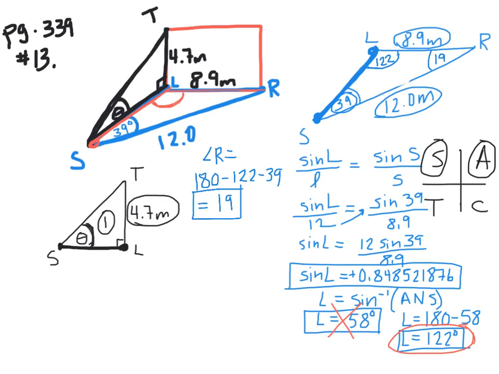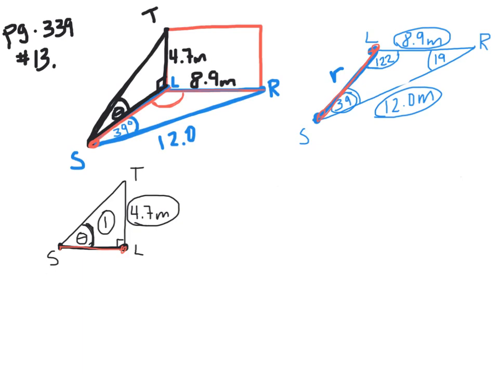Remember, the whole reason for even doing this is to figure out the distance that these things share in common, the L to S. The S to L is very important because those two triangles share that in common. So now I can find that S to L by using the sine law again.